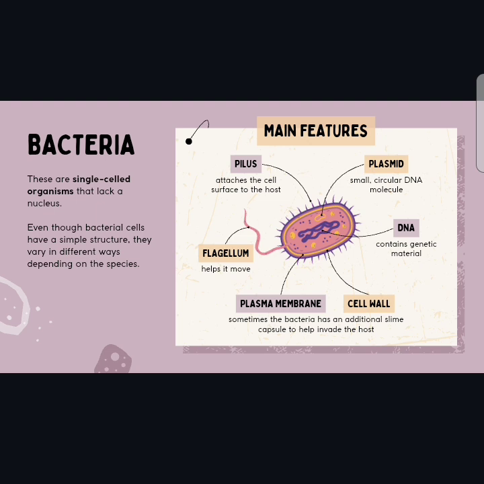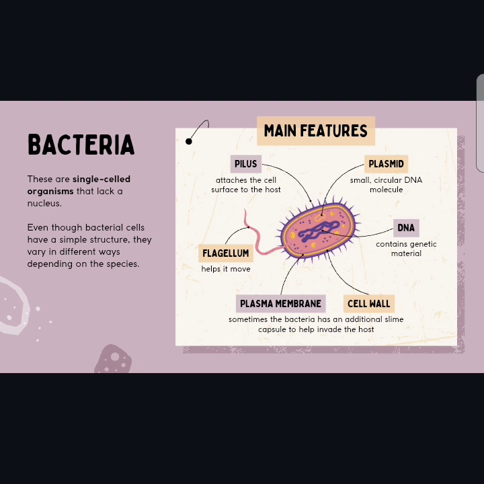One is in the form of a simple thread-like structure, denoted here as DNA, and it is also present in the form of small circular spheres which are known as plasmids, and these are small circular DNAs.